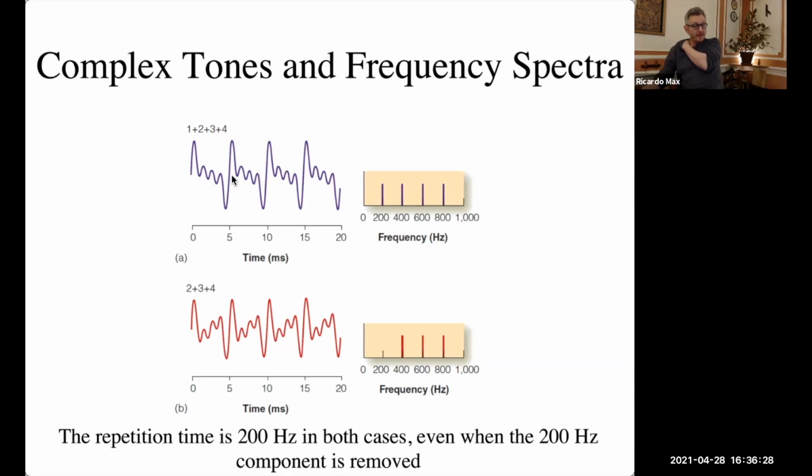It will still repeat itself at the same frequency every 5 milliseconds, all right? Even though it's a different sound. Because mathematically, the greatest common factor for these three numbers is still 200.